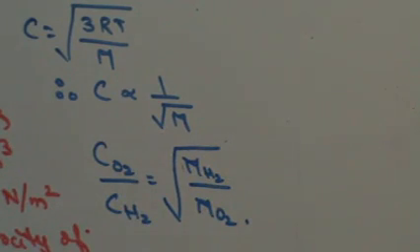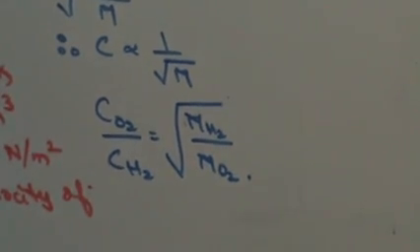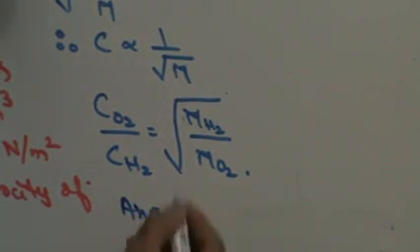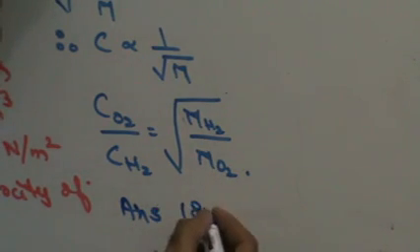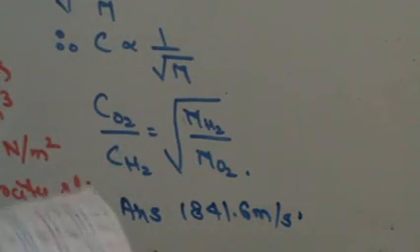Right? Now, once you have this, you can substitute the values. You have molecular weight and you know the RMS velocity of oxygen. So the answer for this sum should be RMS velocity of hydrogen is 1841.6 meters per second. Next, take the next one please.